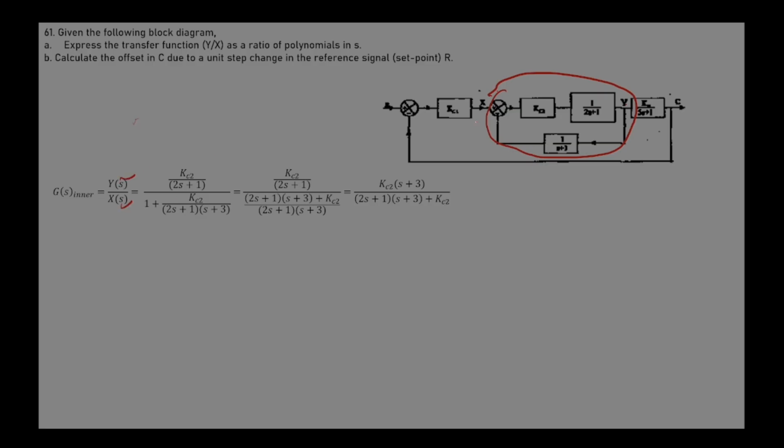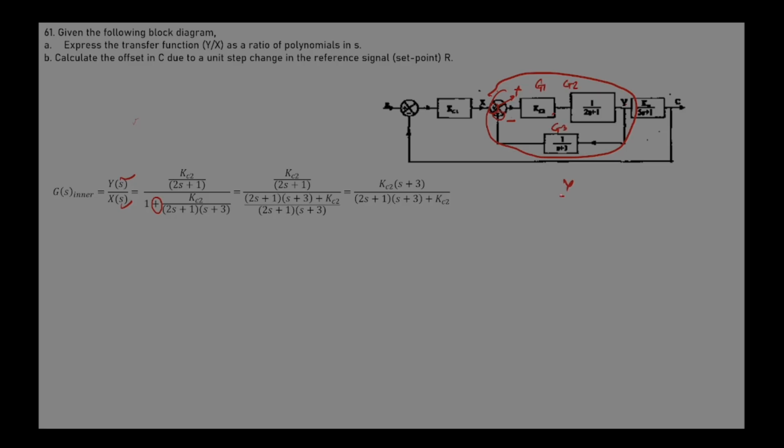Since this is negative and this is positive, in the diagram it is difficult to visualize. If this sign is negative, then we will make it positive. If this sign is positive, we will make it negative. So suppose this is G1, this is G2, this is G3.